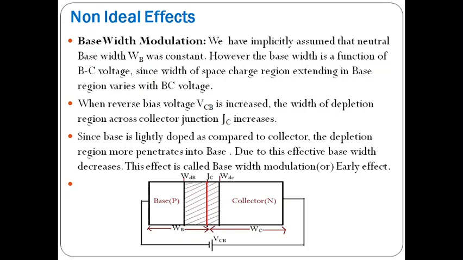That means the emitter, base, and collector are uniformly doped, and we assumed the emitter, base, and collector widths are also constant, and that the collector junction and emitter junction are not in the breakdown region.